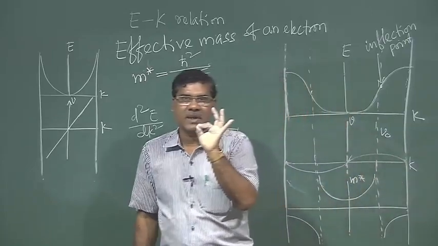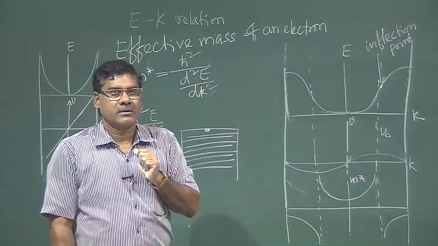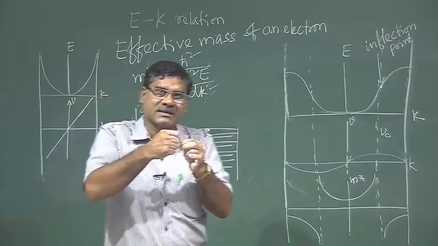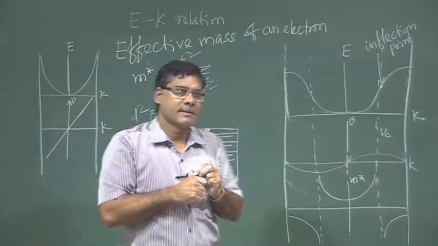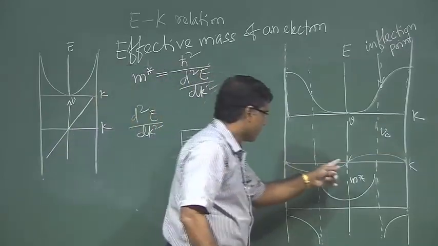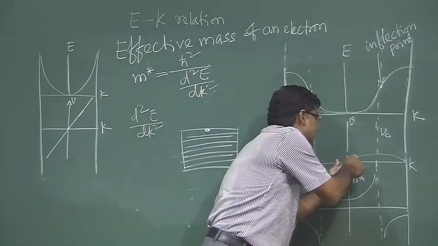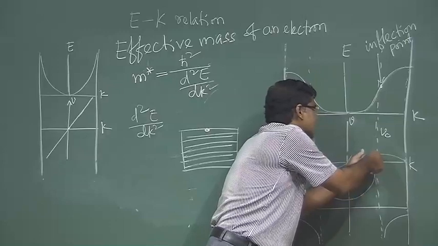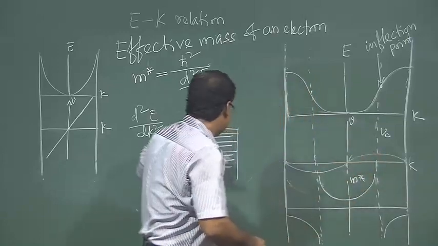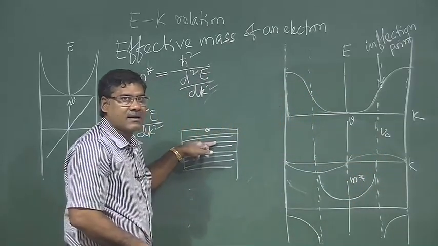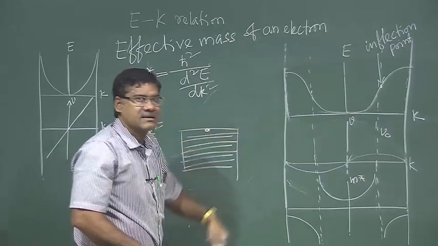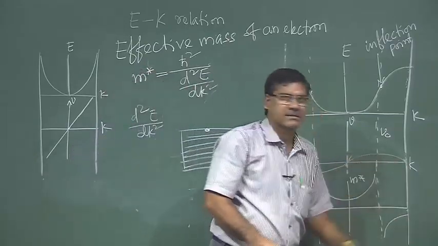So, when you apply an electric field, because of that these electrons are moving, right. In this region the velocity is 0, then it is increasing when it reaches some energy level, and then its velocity decreases.